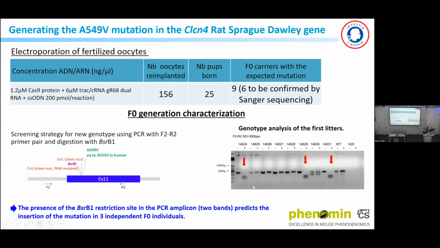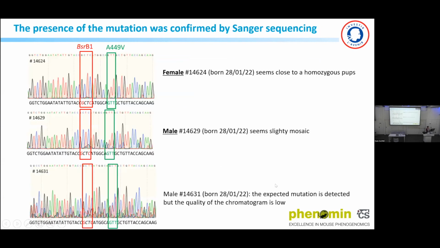For example, the genotyping here, these bands on the agarose gel represent wild type, and here you see 3 which very likely have the missense mutation, and this has been confirmed by Sanger sequencing.